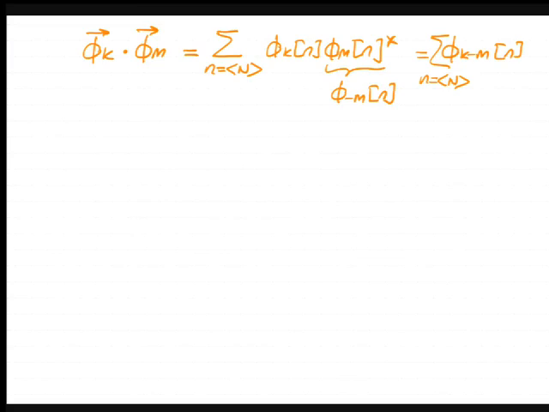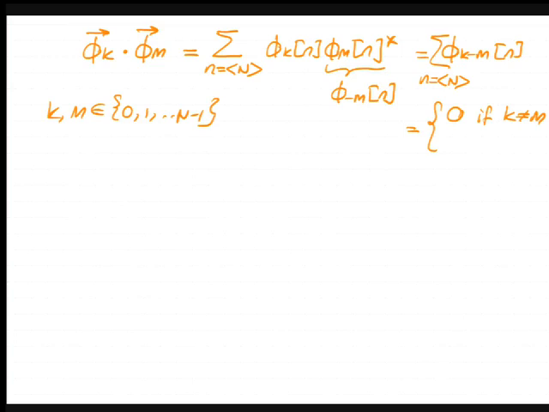So the answer is 0 if k is not equal to m. Let's just imagine that k and m both are elements of 0, 1, 2, up to n minus 1, so I don't have to keep track of modulo, etc. So then this sum here is 0 if k and m are different things.